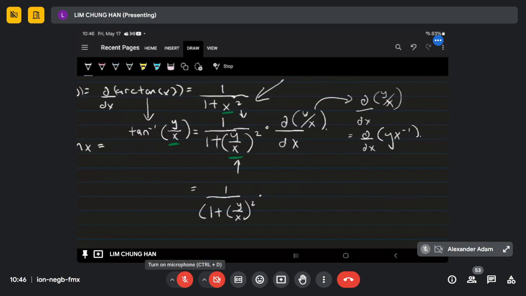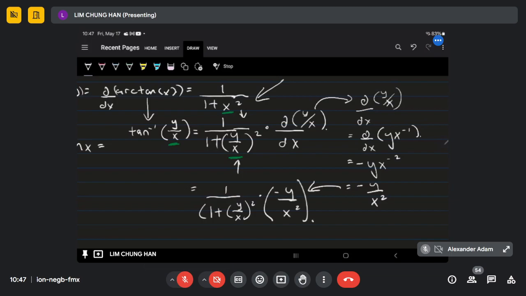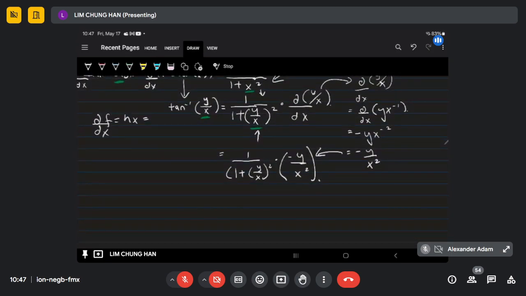To differentiate x, agree? Yes. So when you differentiate it, it becomes negative y x to the minus 2. Agree? Yes. So then it becomes negative y over x squared. Agree? So now you put your answer back here: negative y over x squared. So now you multiply everything together. Is that okay?